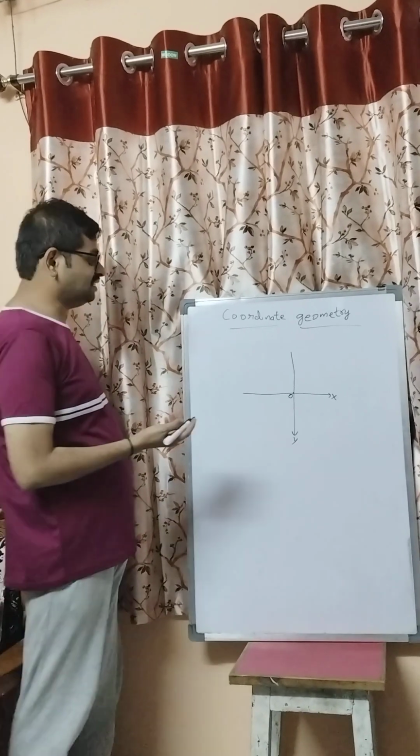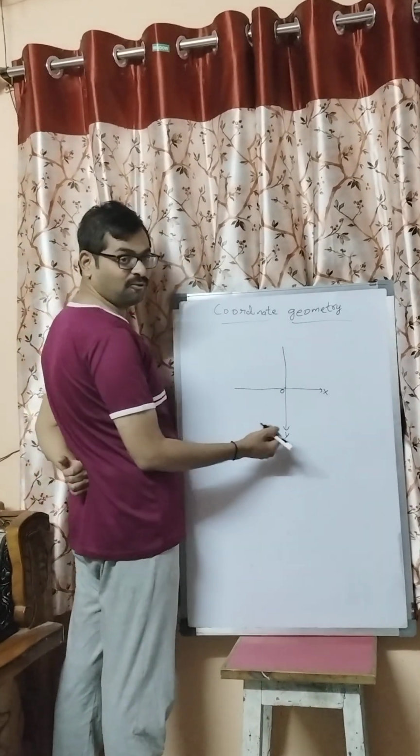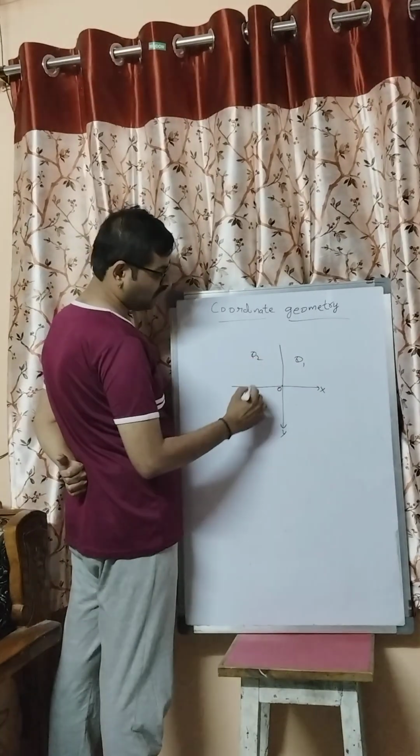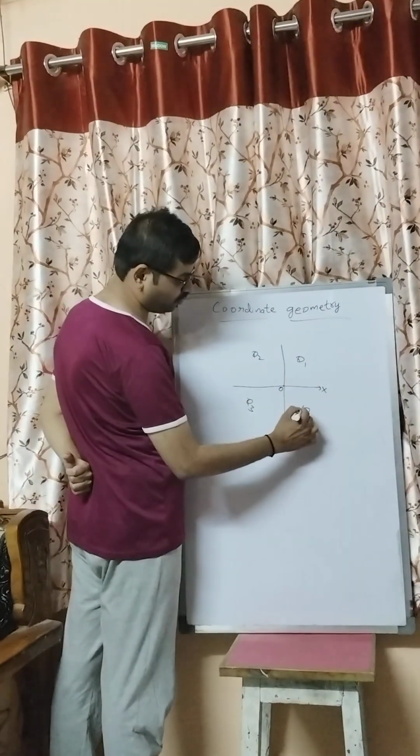So, in this plane, we have four quadrants, that is Q1, Q2, Q3 and Q4.